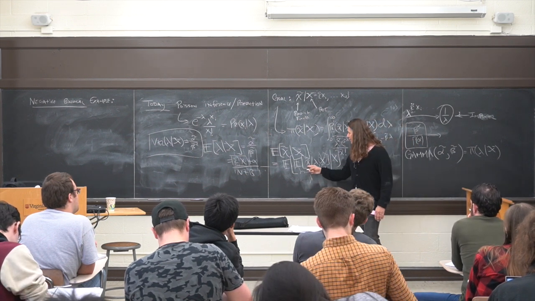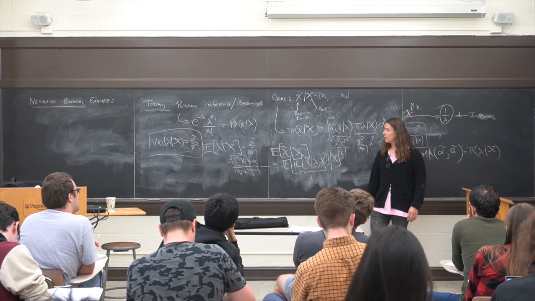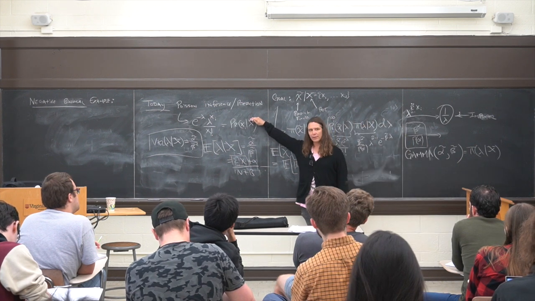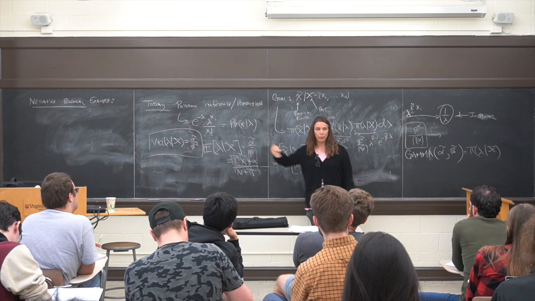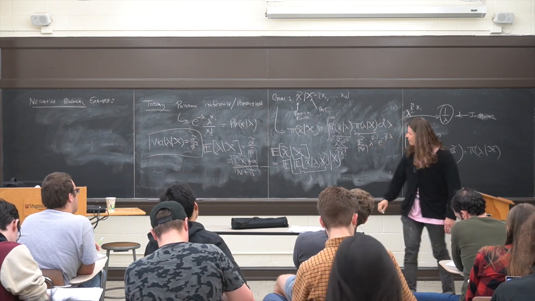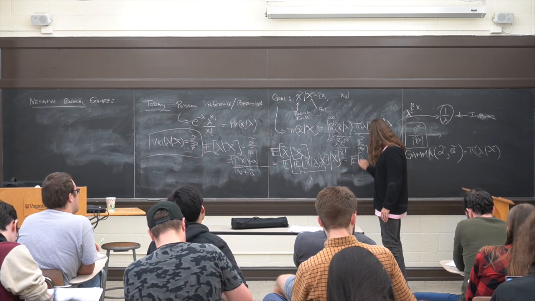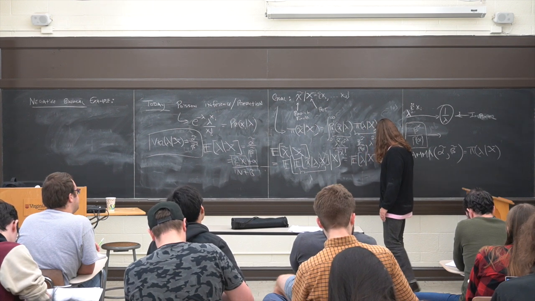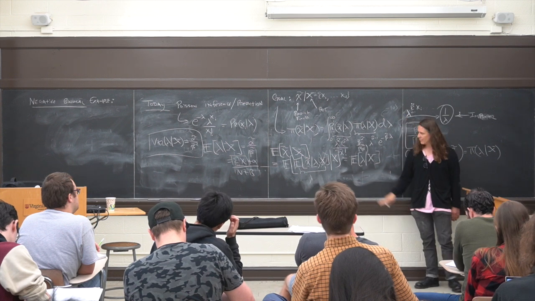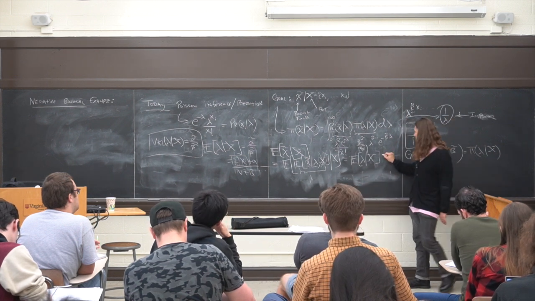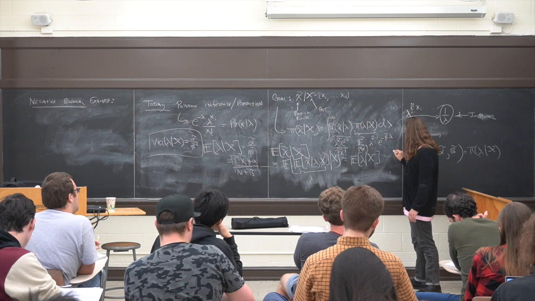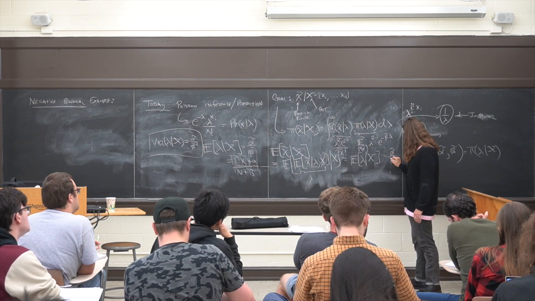The expectation of x tilde given lambda is lambda because we know that the mean and the variance of the Poisson are both lambda. We saw that last time. So this is the expectation of lambda given x. That's our posterior distribution.